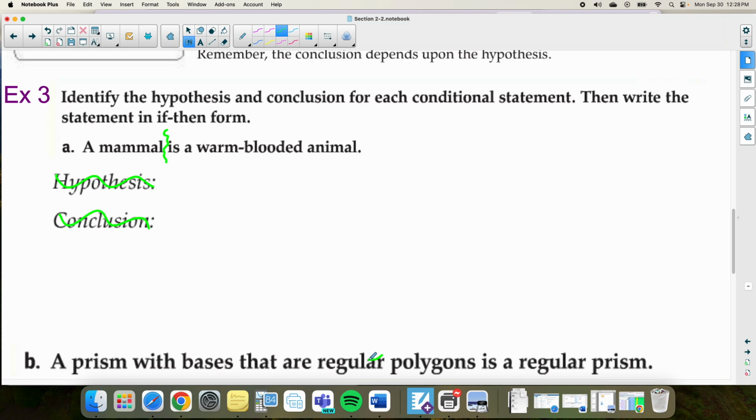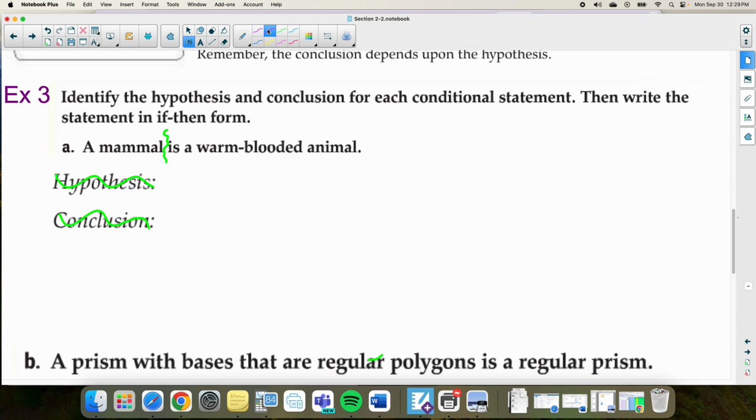So I'm gonna write it one way. Yours might look a little bit different than mine, and you're absolutely fine. Typically what you wanna do is try to find a spot in that sentence where you can split it into 2 parts. And you're gonna put if with the beginning part, then with the ending part, okay?